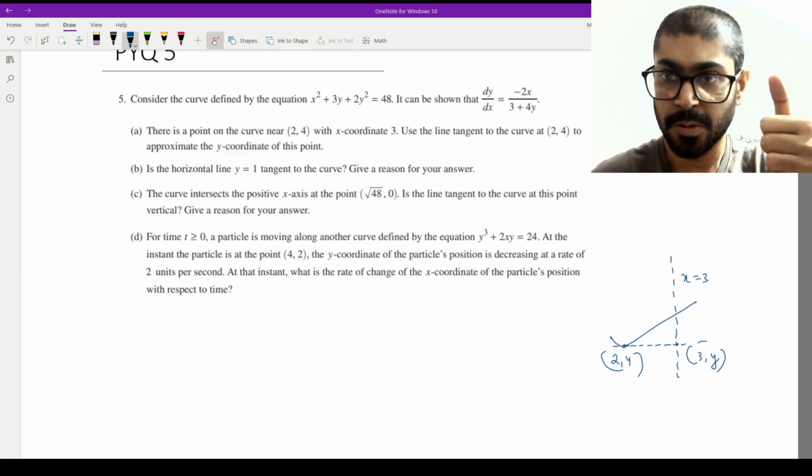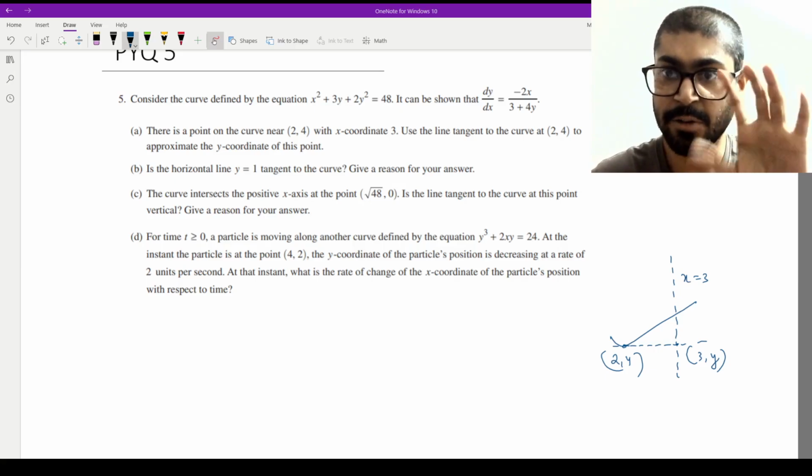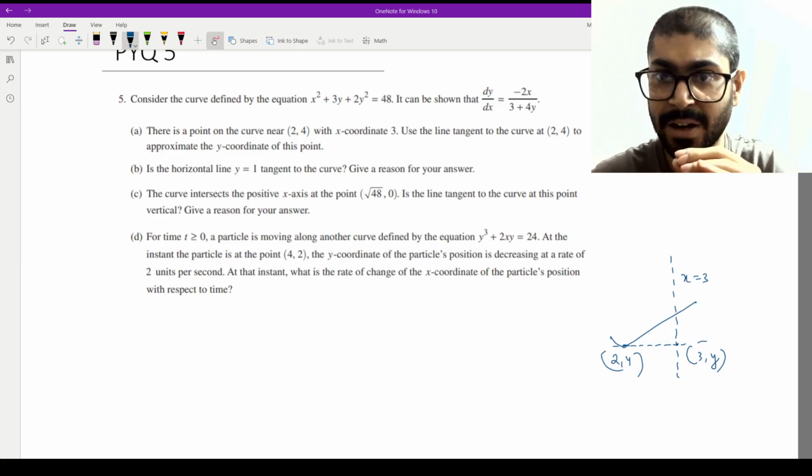Okay, so for this we need the slope of the tangent and the equation of the tangent, right? Equation of the straight line approximation of the tangent. Now the slope of the tangent is calculated as the value of the derivative at the given point, right?